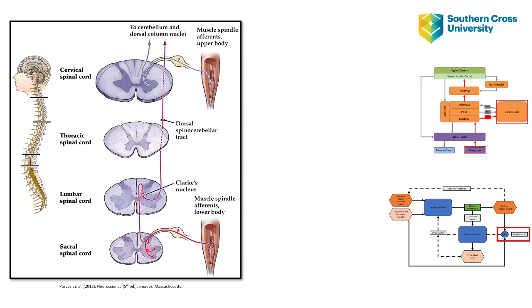So what's happening here is that we have these muscle spindles that are coming in. We're then sending those collaterals, we call them, up the dorsal column until we get to Clark's nucleus, which is usually in the lumbar regions of our spinal cord, in that intermediate zone, and we call it Clark's nucleus.